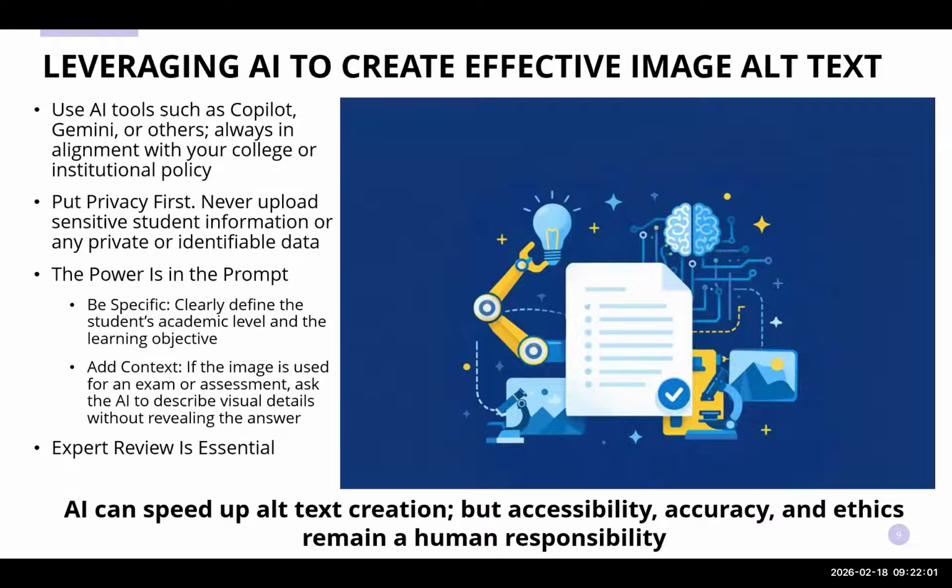Now, talking about its use, this is where the AI really shines and also where it often goes wrong. The power is in the prompt. If you give a vague prompt, you will definitely get a vague or a generic description. But if you give the right prompt, one that is very specific and grounded in context, you will get much better results. So, being clear about the target audience and learning goal makes a huge difference.